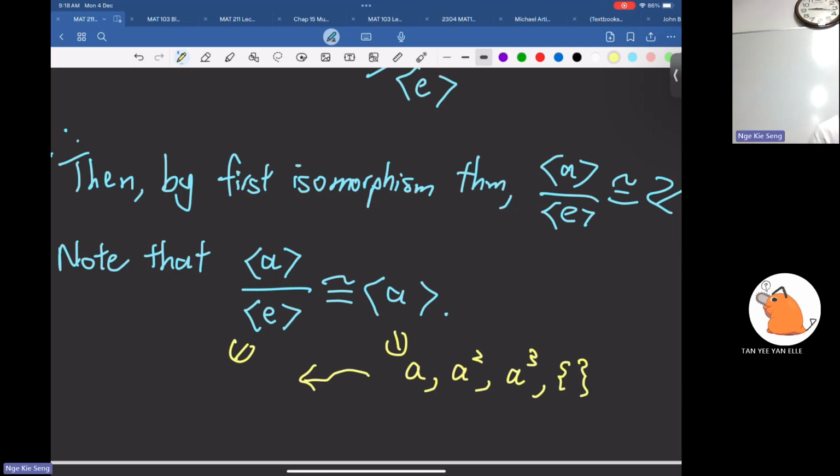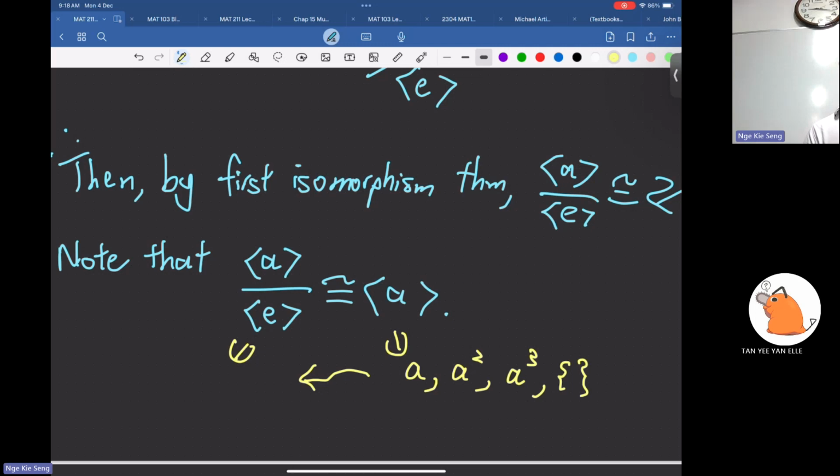By definition, what is a quotient group? Very important. This concept will carry on to rings. Okay, so what's the definition of a quotient group? Set of cosets. Okay, so you should write elements on the left-hand side as cosets.